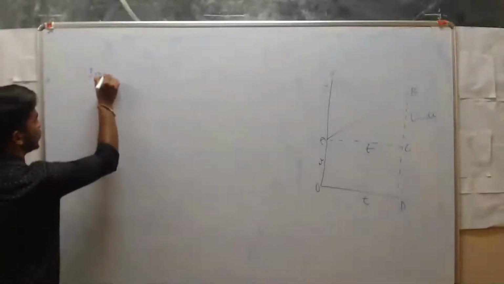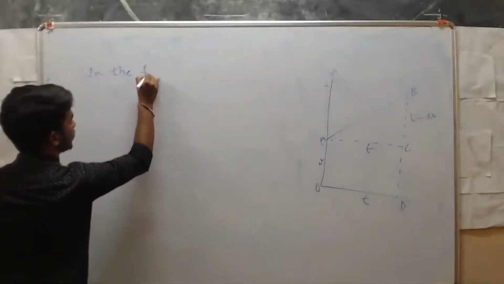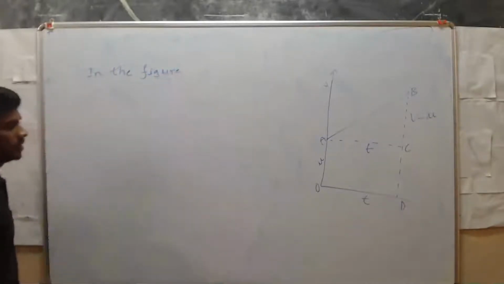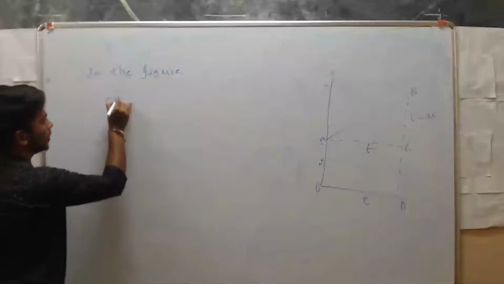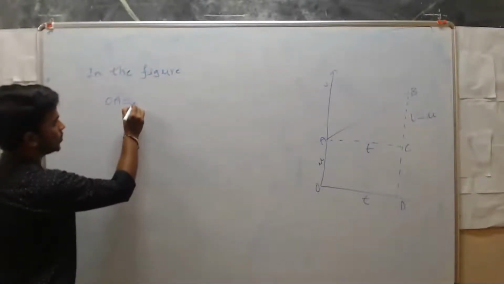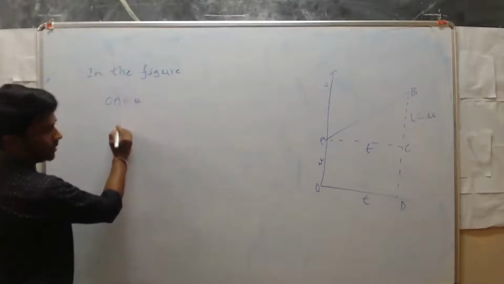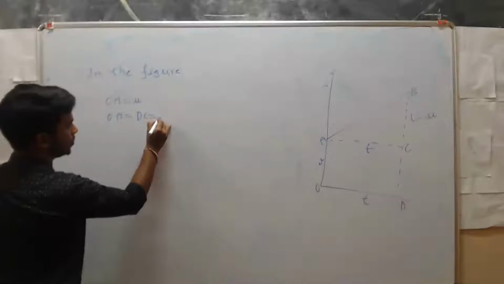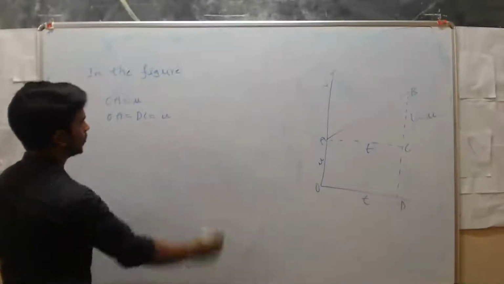Next, in the figure, OA equal to DC equal to u.